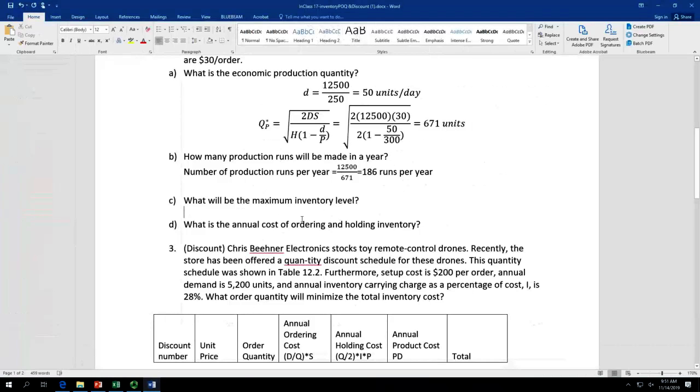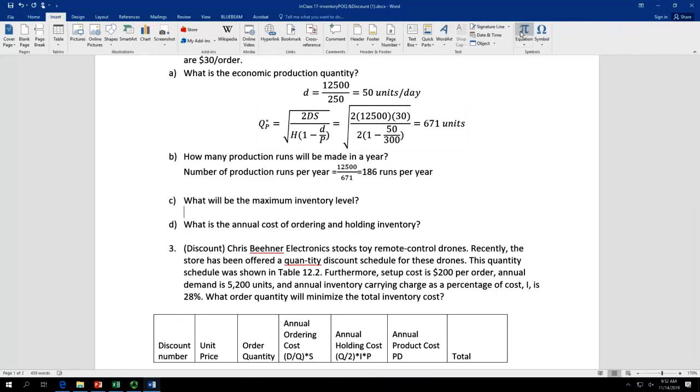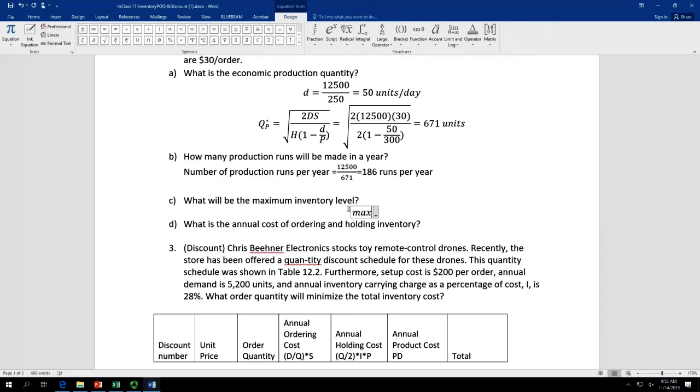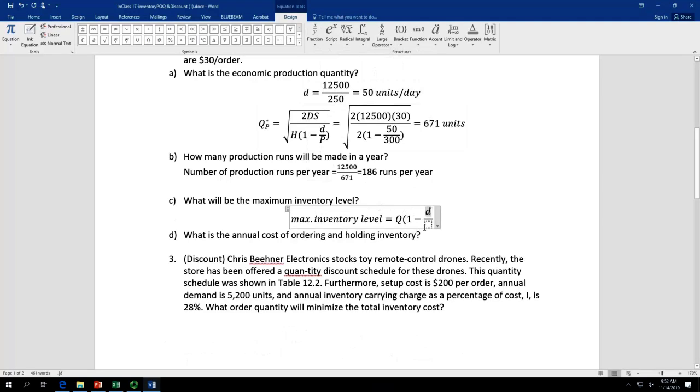So back to over here, I can insert an equation: maximum inventory level equals your capital Q times 1 subtract D divided by P. Here I should use specifically the optimum level, Q star. Then we can substitute 671 into this formula, times 1 subtract D, the usage level, over P, the production level.